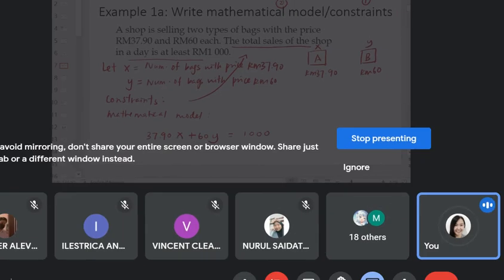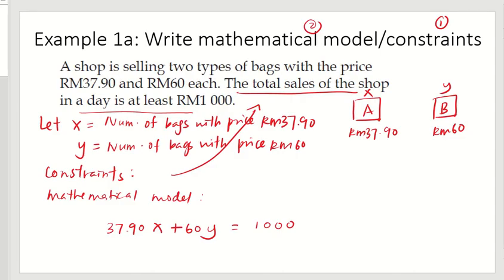What must you bring? What do I mean? You must bring the price. How can you write x and y only? This is the total sales. The total sales is not the number of beds.